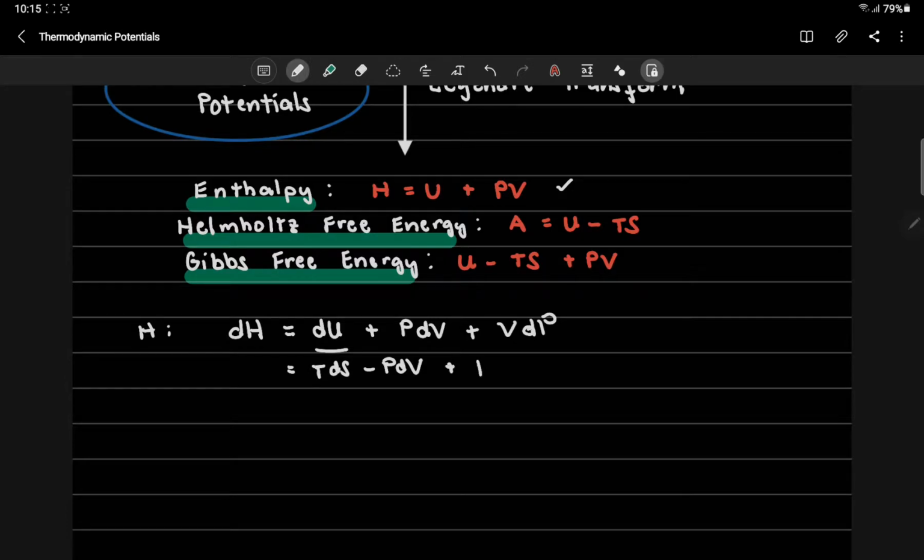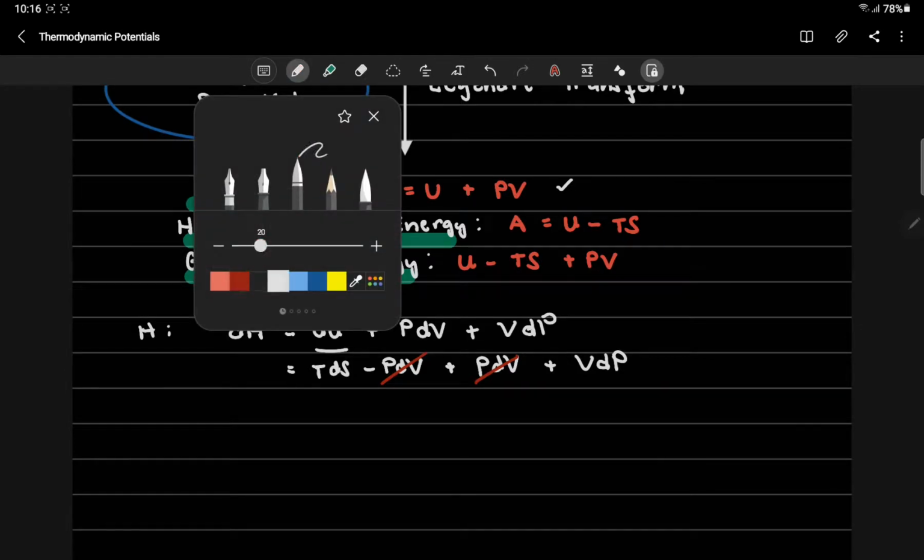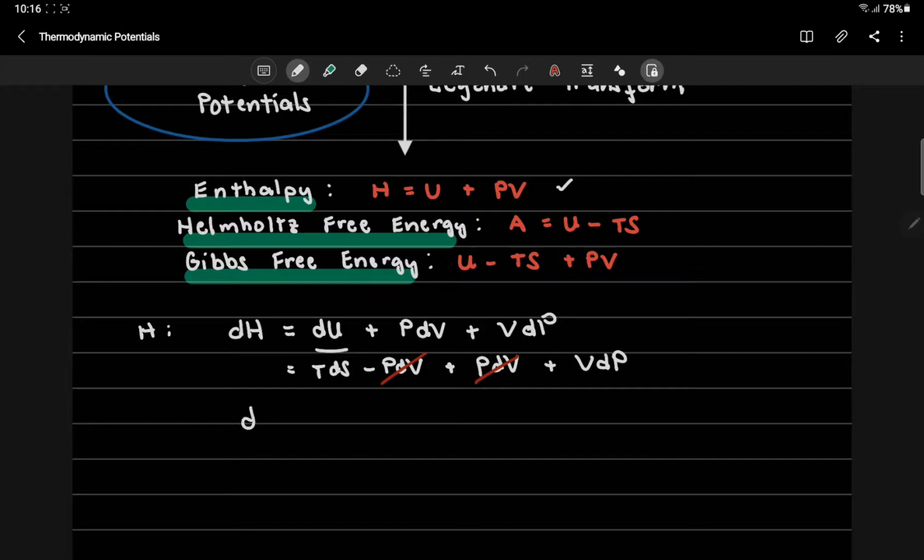So, plus PdV plus VdP. What happens here is some terms vanish, which is the PdV, right? Minus PdV and positive PdV, opposite signs. So, what remains in our equation is that dH, or change in enthalpy, is equal to TdS plus VdP. We have now obtained an equation to calculate the change in enthalpy.